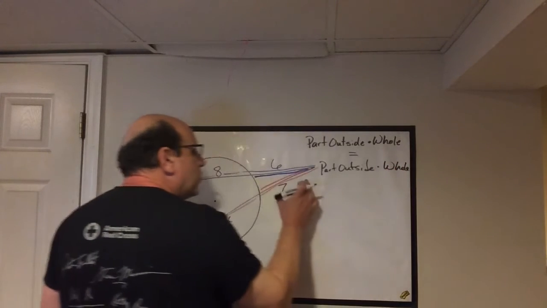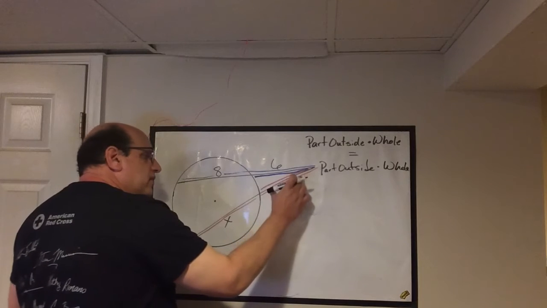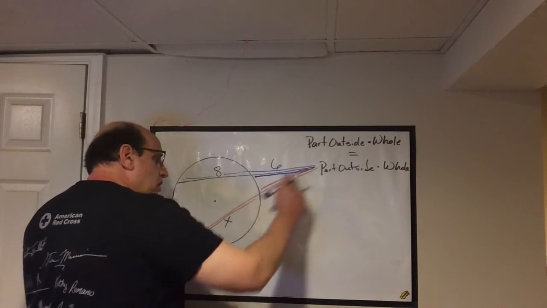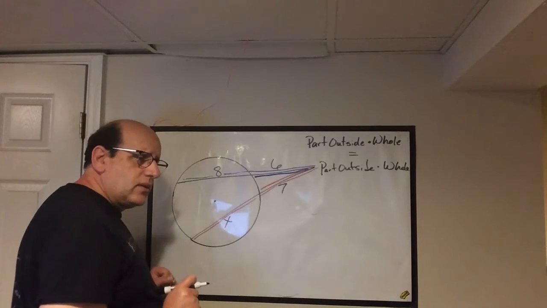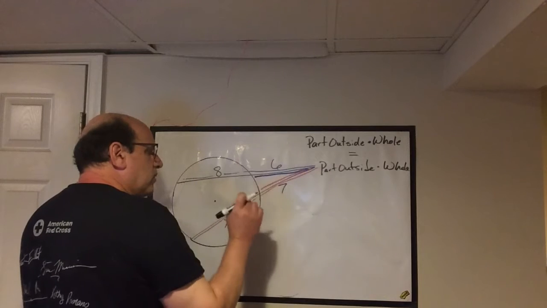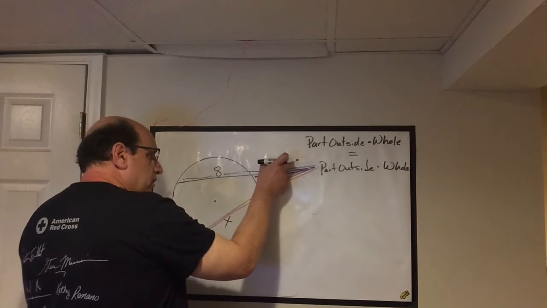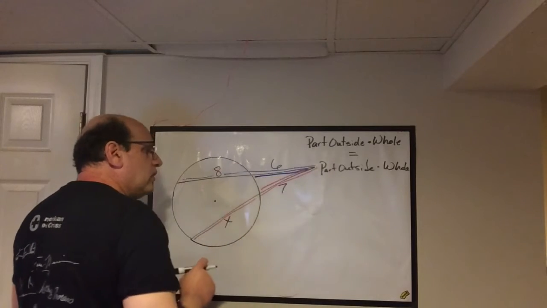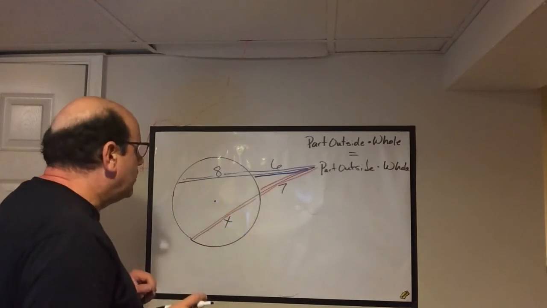All right? So the segment of the secant outside multiplied by the whole secant is going to be congruent to the part of the secant outside the circle times the whole secant.